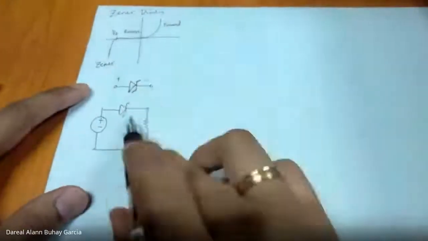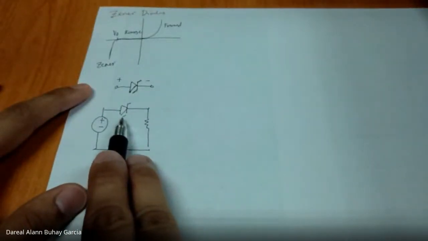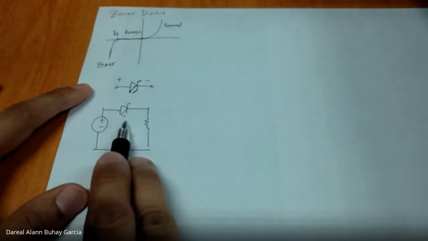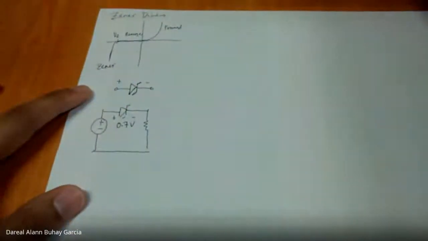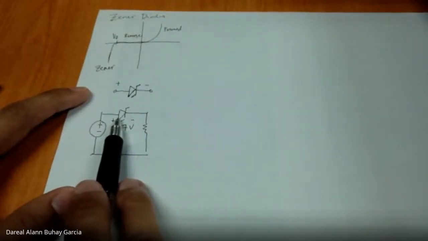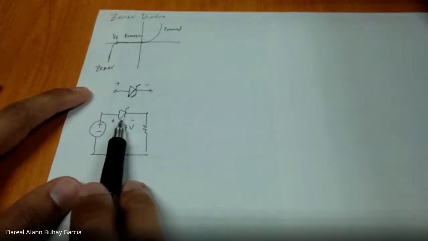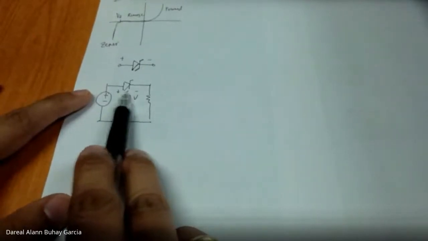Here the Zener diode is forward biased, and the voltage drop is 0.7 volts, no? So just remember that this is the operation when the Zener diode is forward biased.